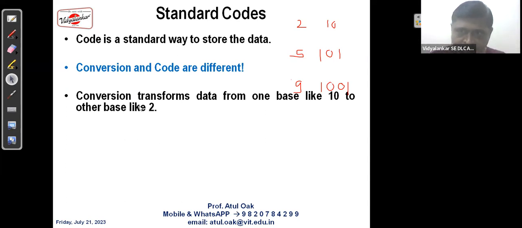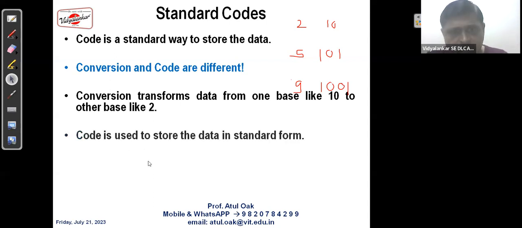We have seen this: 2 is decimal, 10 is binary, 5 is decimal, 101 is binary, 9 is decimal, 1001 is binary. So this is a transformation. This is for human, this is for machine. But code is used to store this data in a standard form. That means you do the conversion, and if you want to convert it into a standard form and store it, then we use the concept of code. So code and conversion are different, their thought is different.